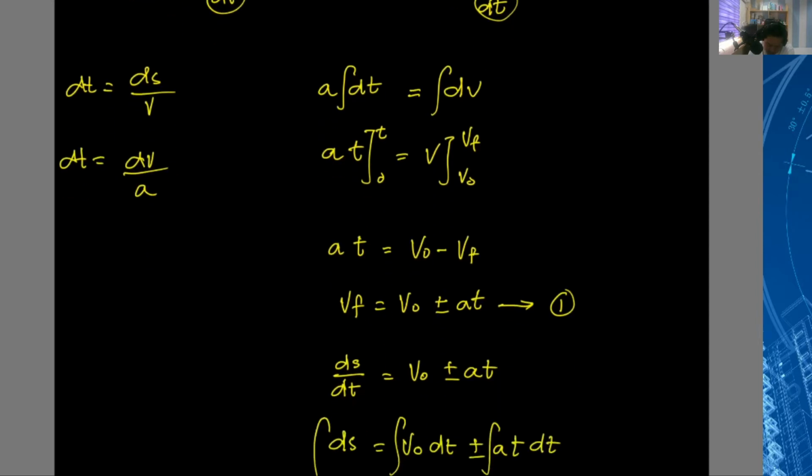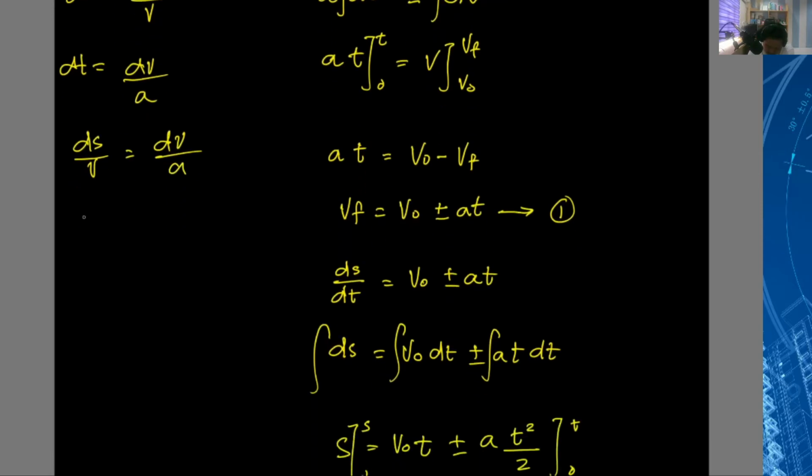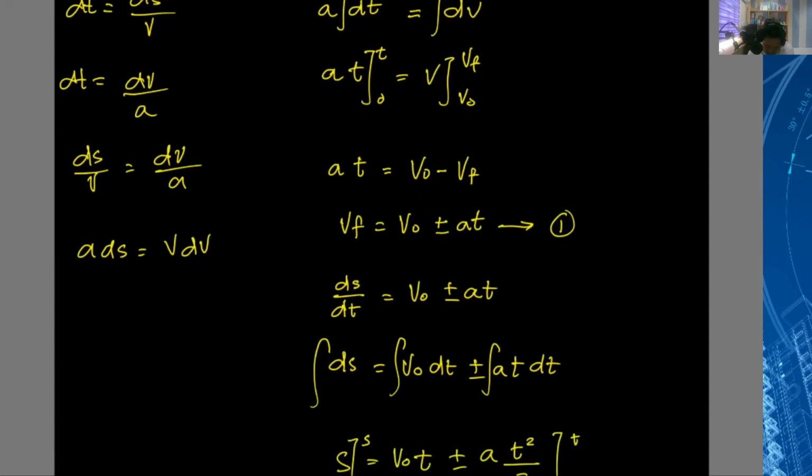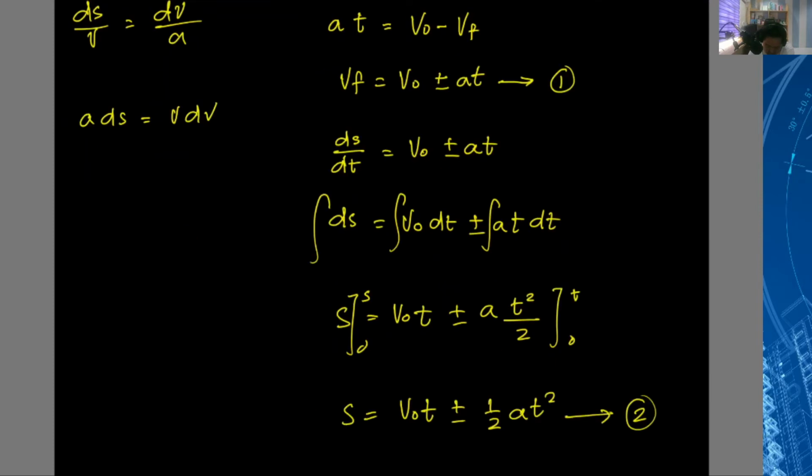Okay? So we can equate this one, ds over v equals dv over a. Okay? So this will be a ds equals v dv. Okay? So the purpose here is to get rid of dt, or to get rid of time. So if we want to get the final expression, no?